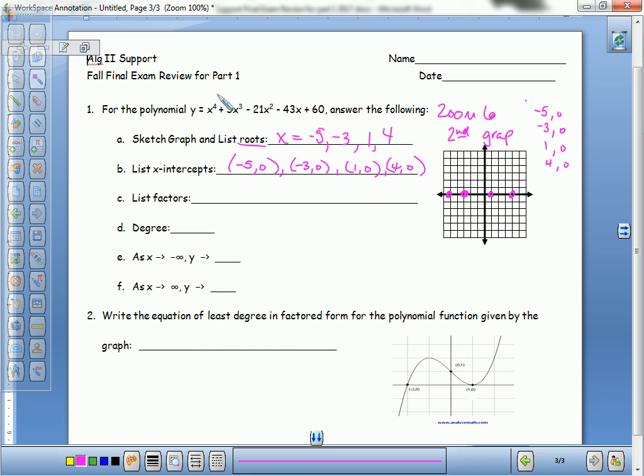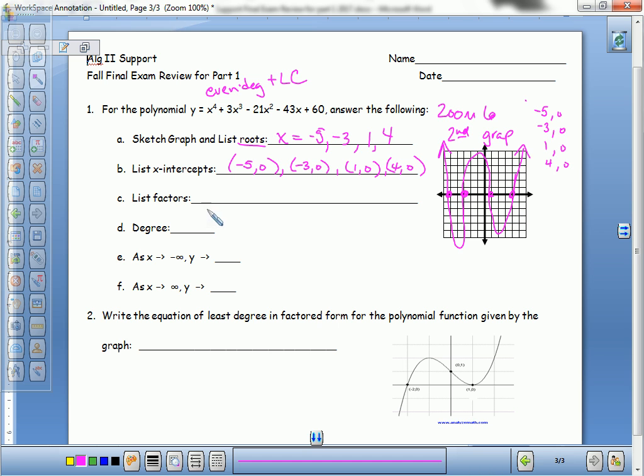But this is an even degree function with a positive leading coefficient. So it goes up. So it goes rise, rise. It is passing through each one of these. So it passes, it passes, it passes.